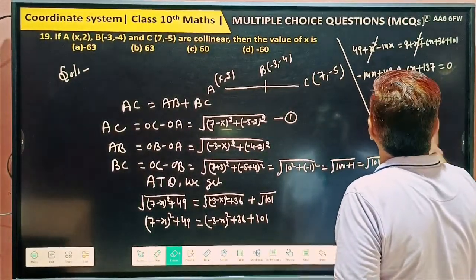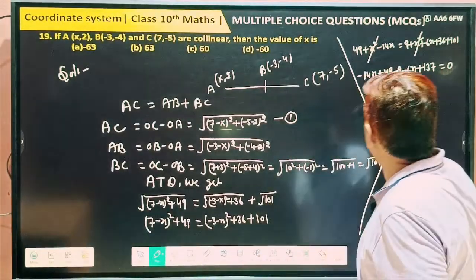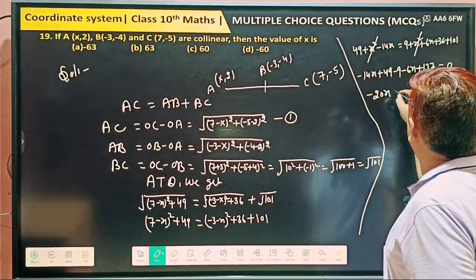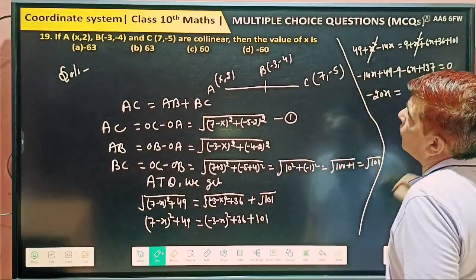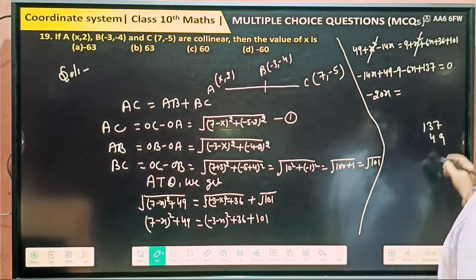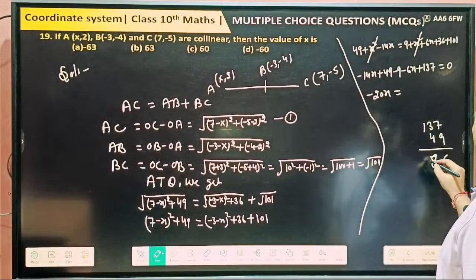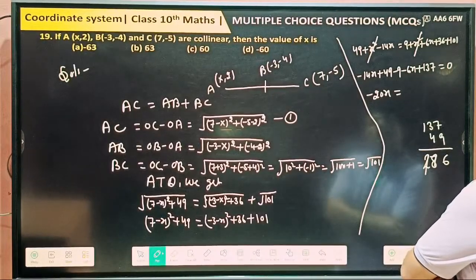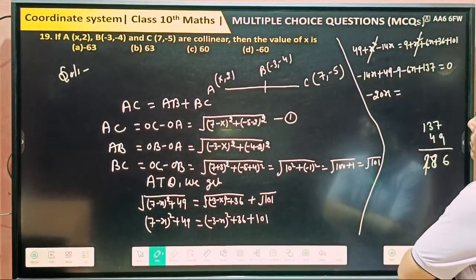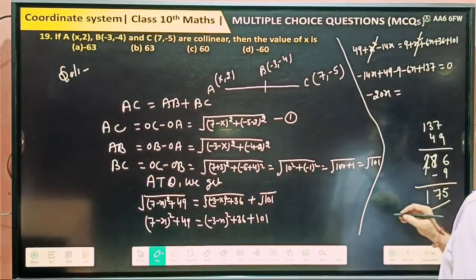Minus 14x minus 6x is minus 20x, equal to 137 minus 49 minus 9, which gives 175.